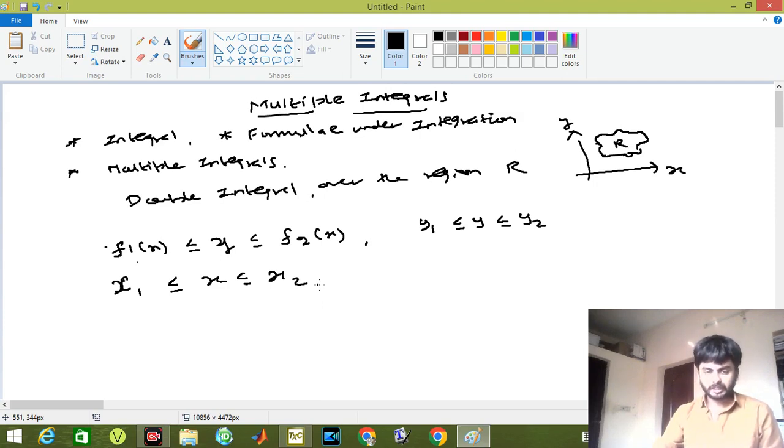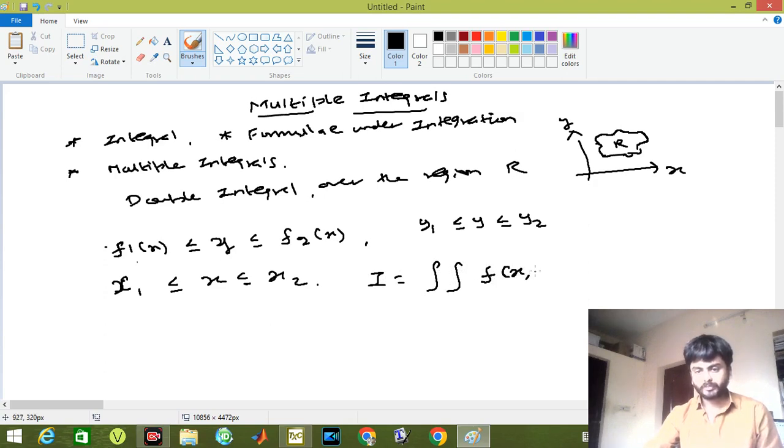The second thing is, if I am able to write it in such a way, then I am able to find my integration. My integration will be given by the double integral of our function, which is a function of two variables, f of x comma y, dy.